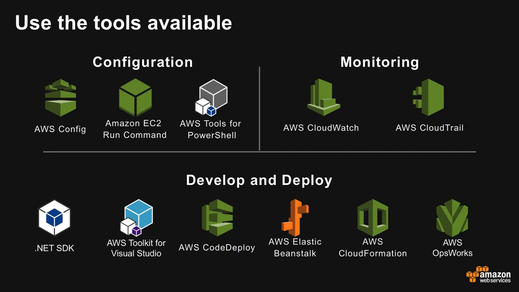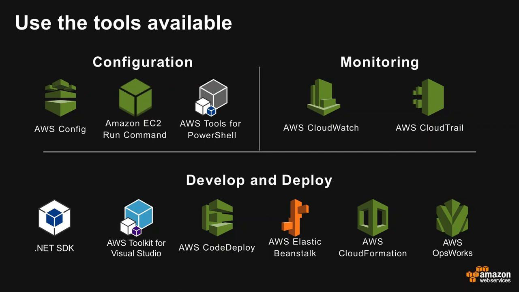So we can look at things like using the .NET SDK, the AWS toolkit for Visual Studio, which is an extremely rich toolkit for interacting with AWS APIs, services, and capabilities. AWS CodeDeploy for deploying your code out into the infrastructure. Elastic Beanstalk for deploying the infrastructure along with that code.